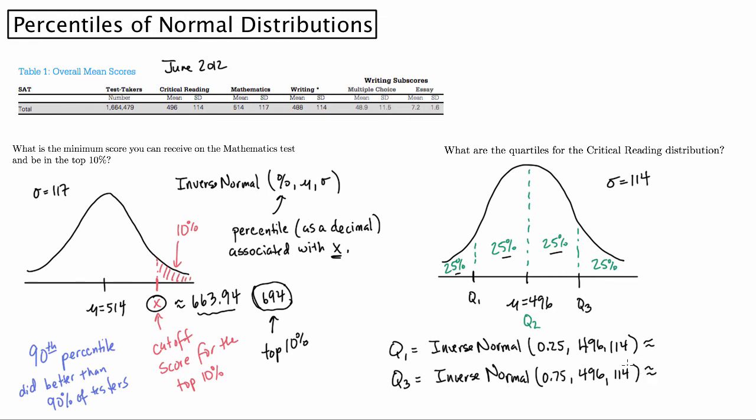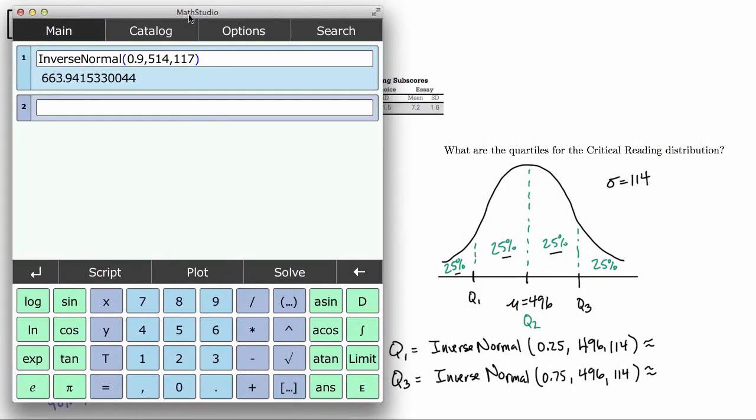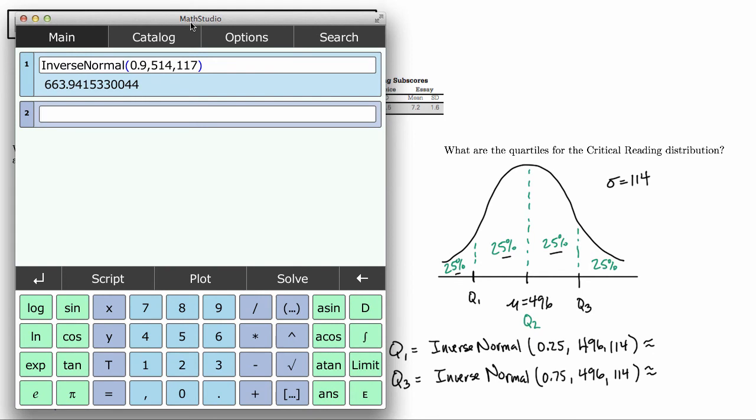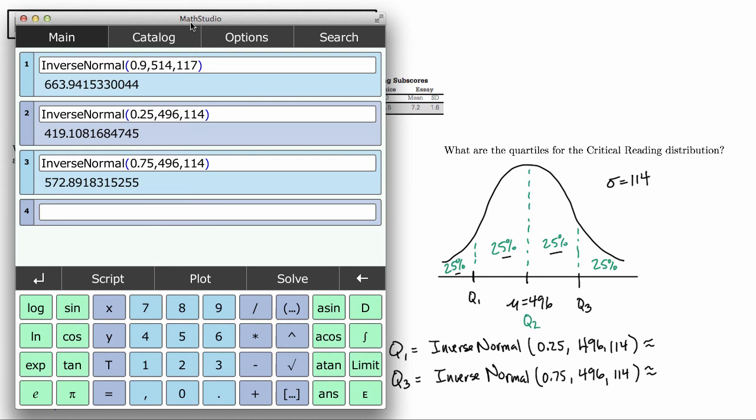All right, so let's bring in the calculator once again and see if we can figure out these values. All right, so inverse normal. Let's start with the Q1. And the inverse normal of Q3. All right, so I'm just going to round here to 419 and 573.